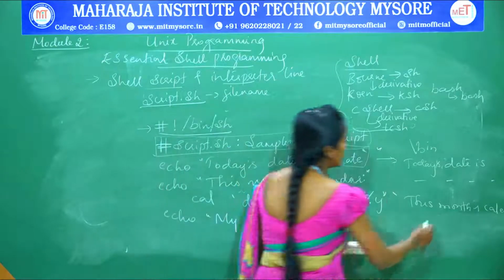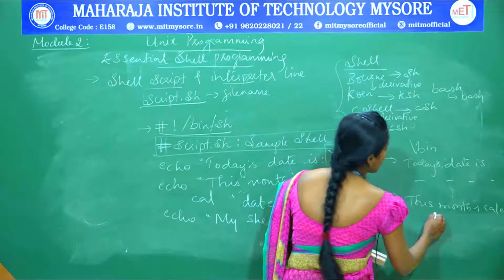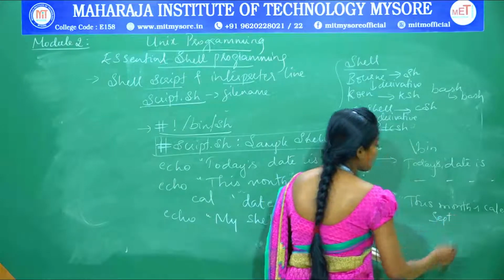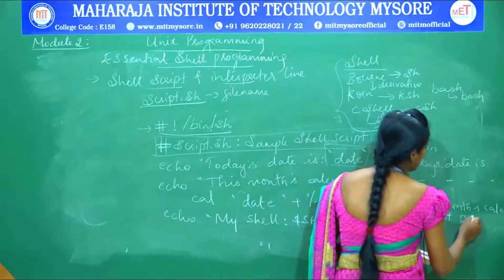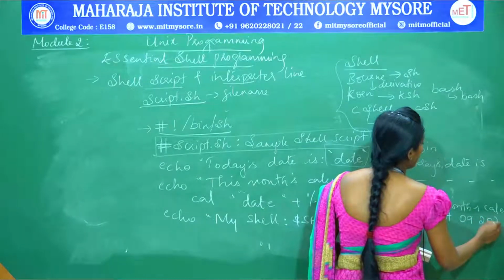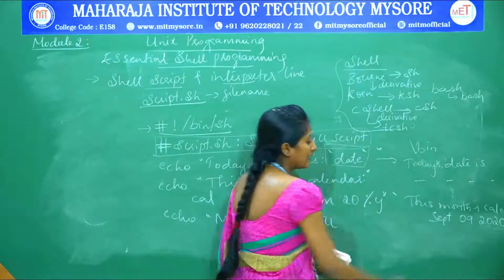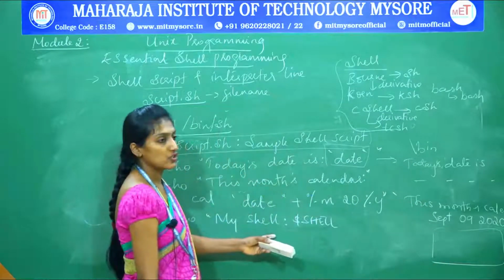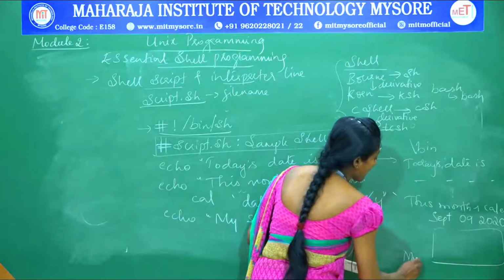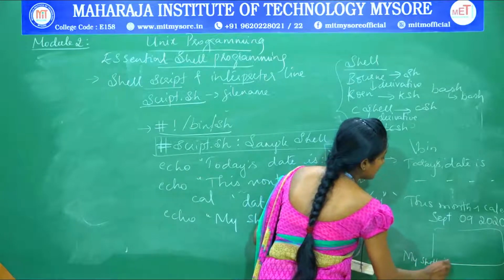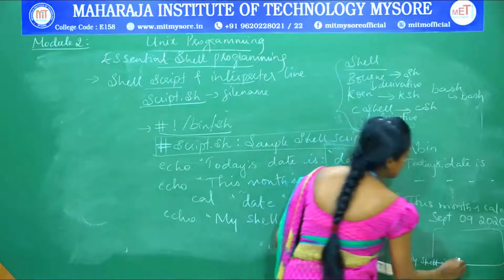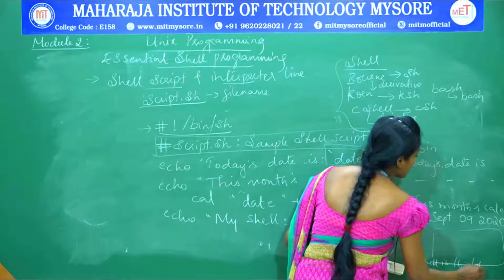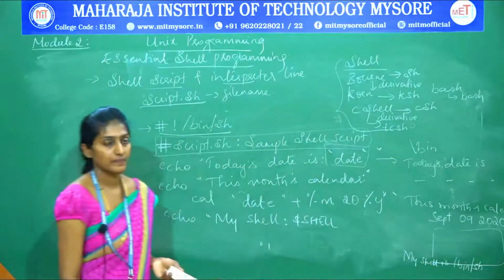If I consider this as September, the month is 09 and the year 2020, and the calendar will be displayed here. Below that, my shell is, and this will display /bin/sh.